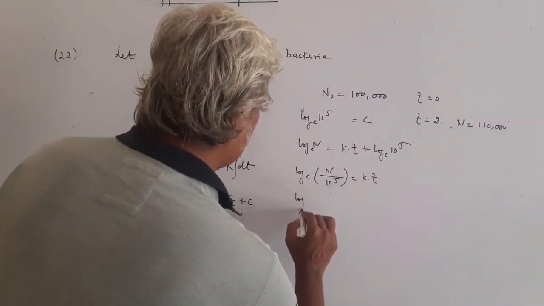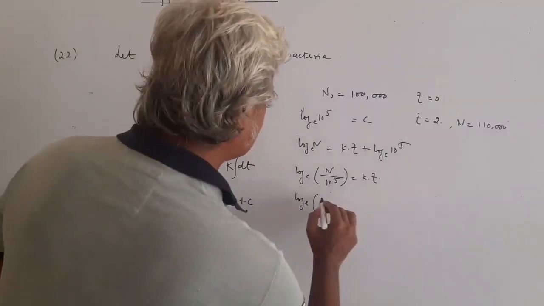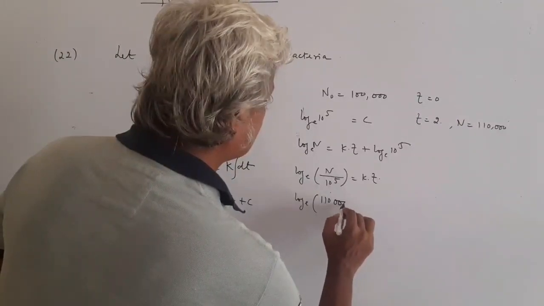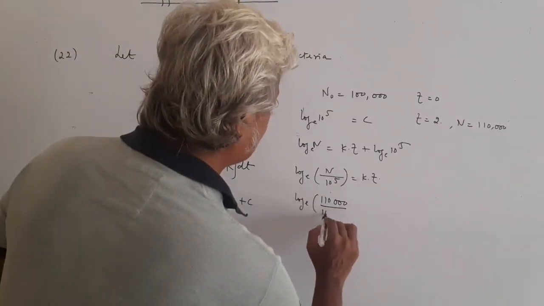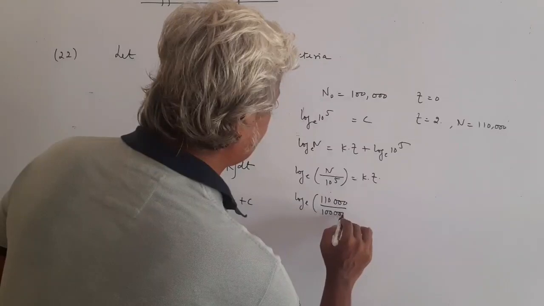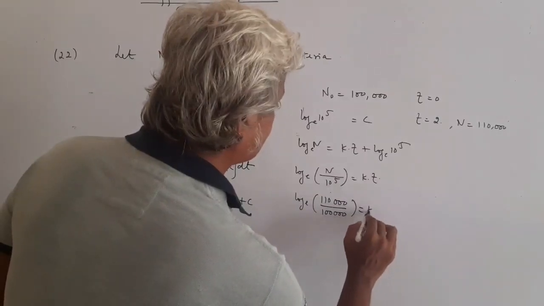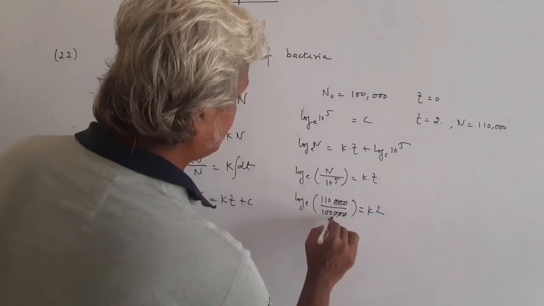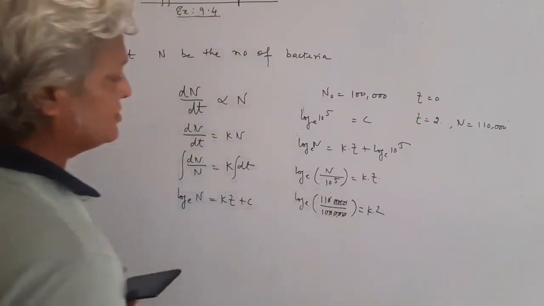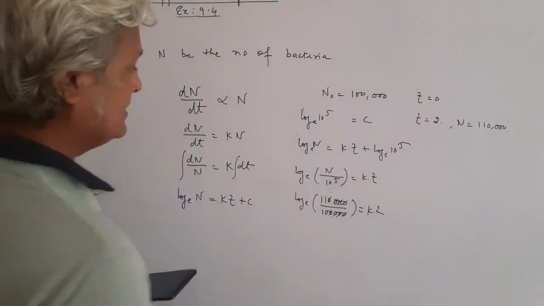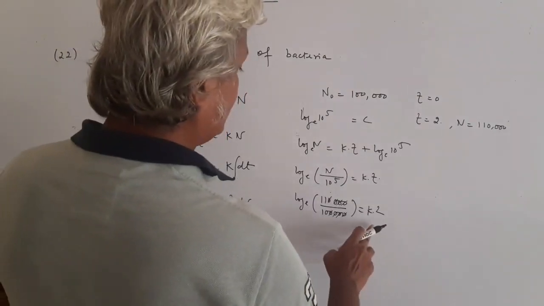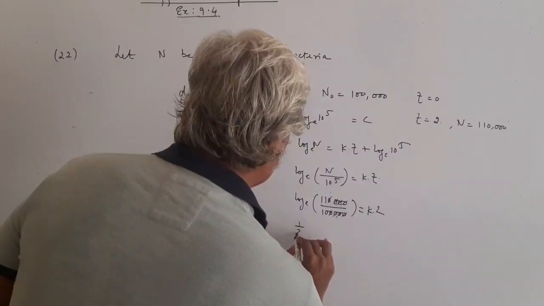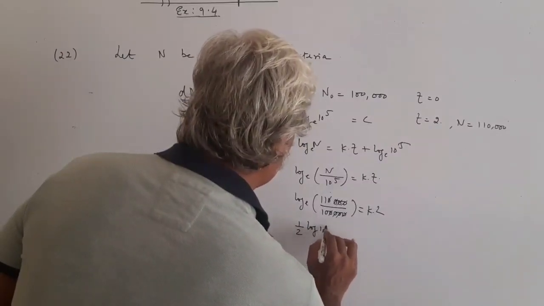Then log e of 110,000 upon 10 to the power 5 is k times 2. So this is 1.1, so log 1.1 is 2k, so k is half log 1.1.